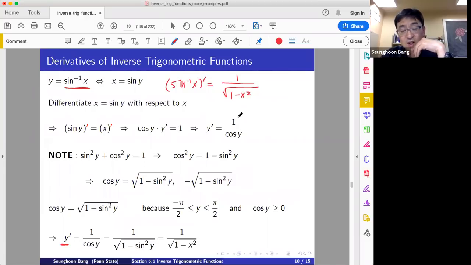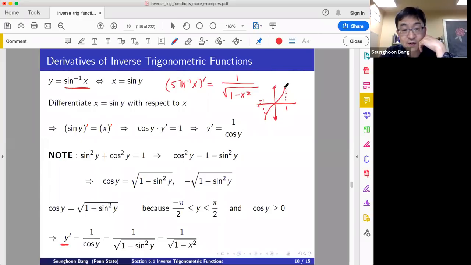So in this case, you don't think about the endpoint because of the inverse sine function. The inverse sine function's domain is exactly minus 1 to 1. The graph is like this, right? Here, this is 1. This is minus 1.